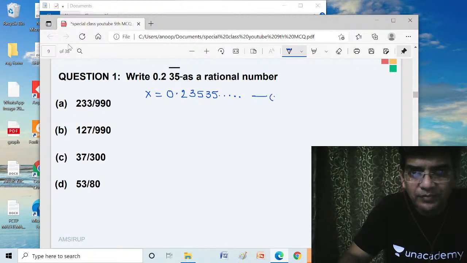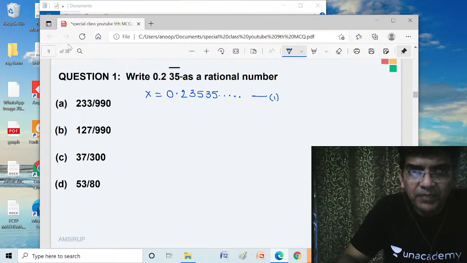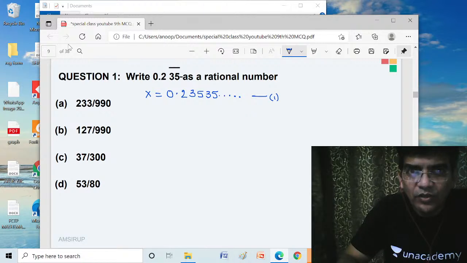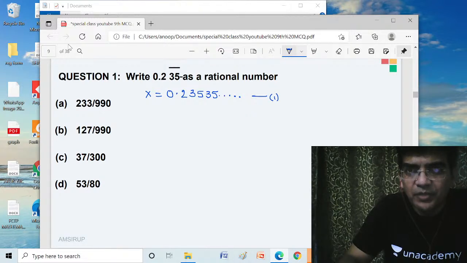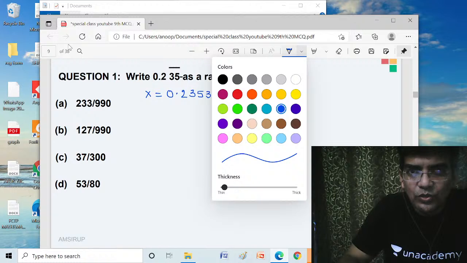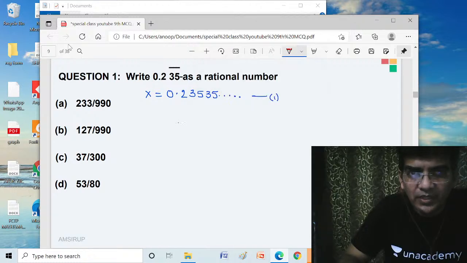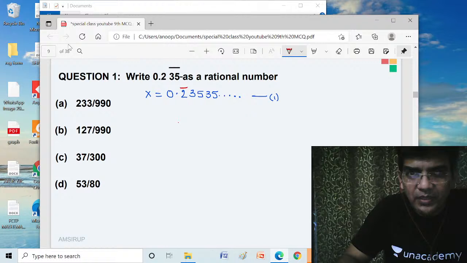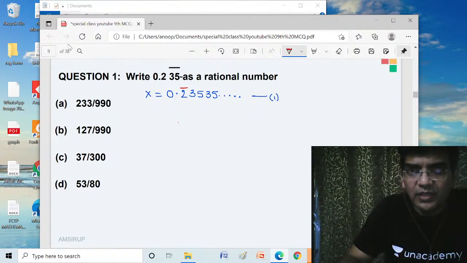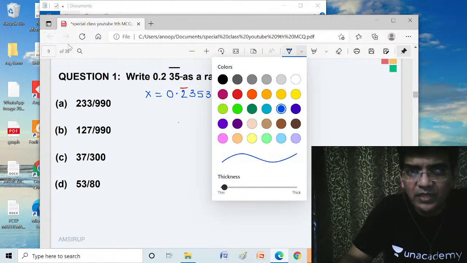Now here I see that I have both repeated and non-repeated numbers. My first step will be to get this non-repeated number transferred to the left side.